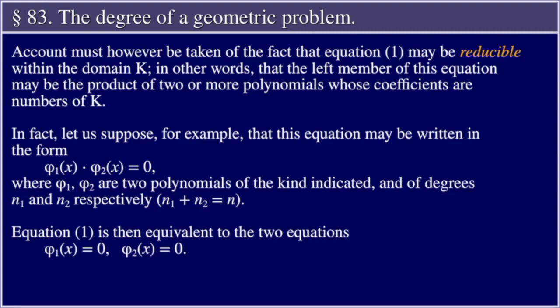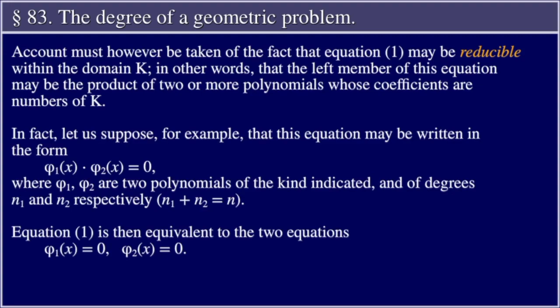In fact, let us suppose, for example, that this equation may be written in the form phi1(x) · phi2(x) = 0, where phi1, phi2 are two polynomials of the kind indicated and of degree n1 and n2 respectively, n1 plus n2 equal to n.